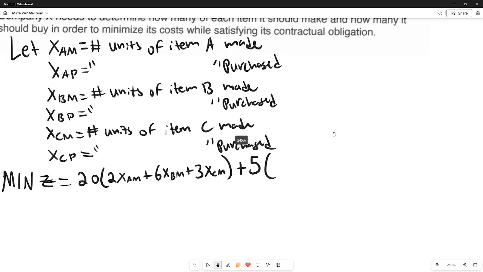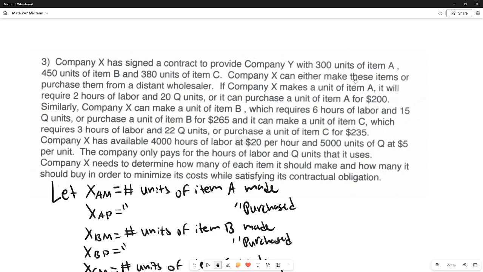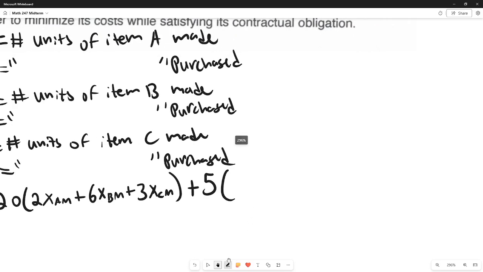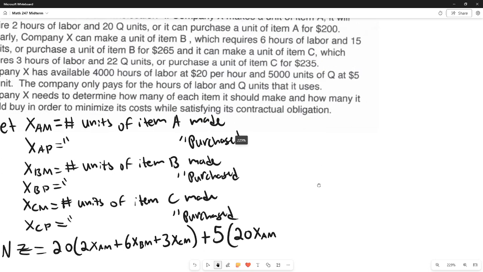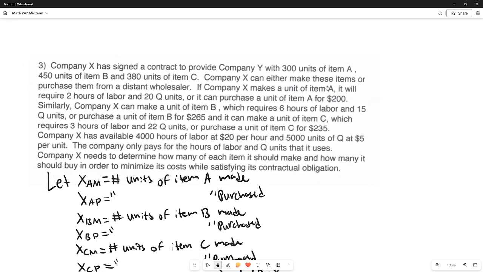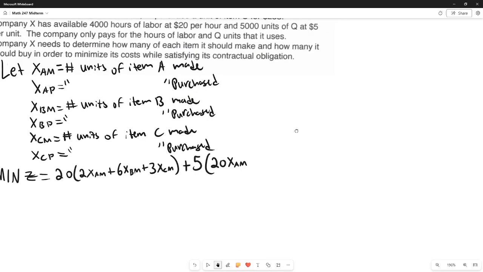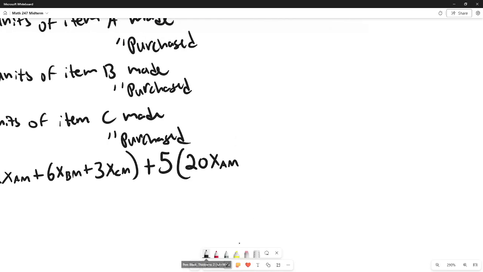And we need to say, okay, how many units does it take to make a unit of item A? Well, it takes 20. So that's 20 XAM. Item B requires 15 Q units, so 15 XBM.